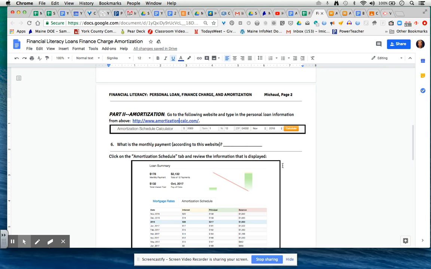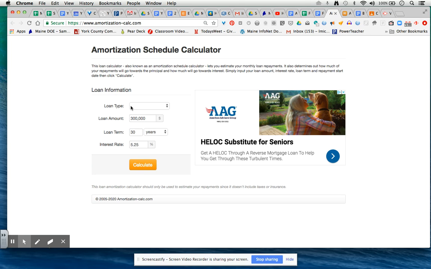And we have a scenario down here for $2,000. That's the amount that you're going to borrow, which is the principal, for 1 year at 12%. So those are the variables that we're going to enter onto that website: 2,000, 1, and 12. So here we go.